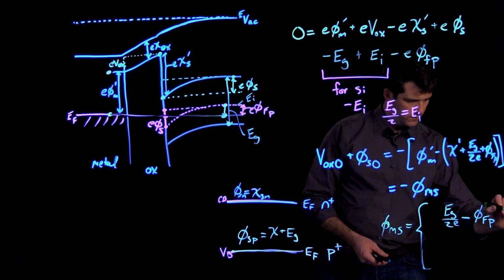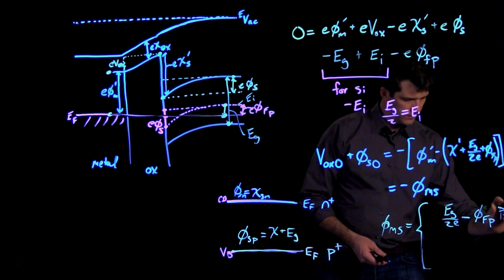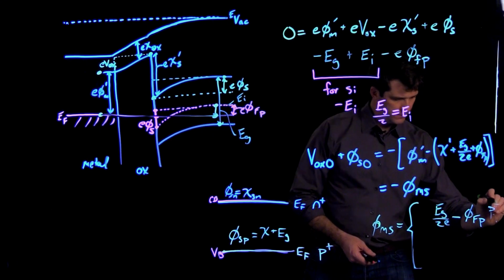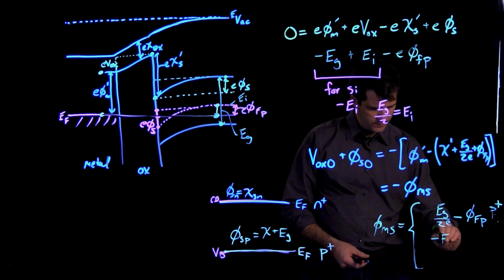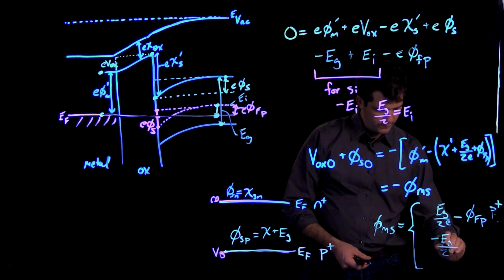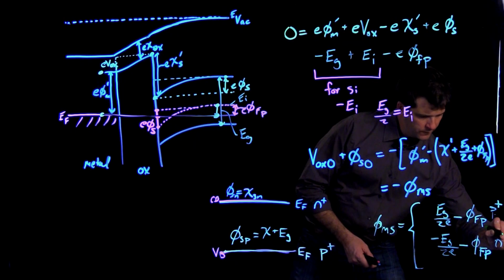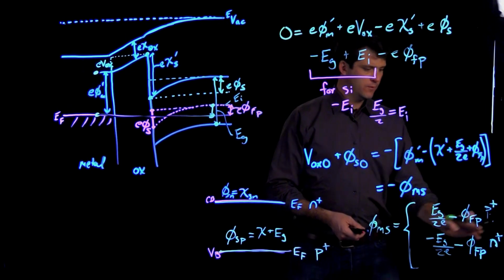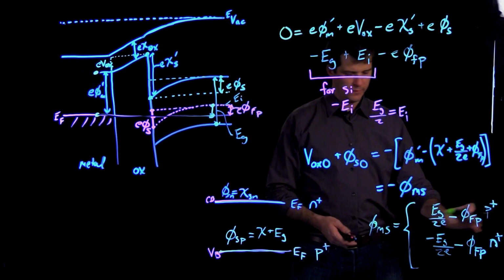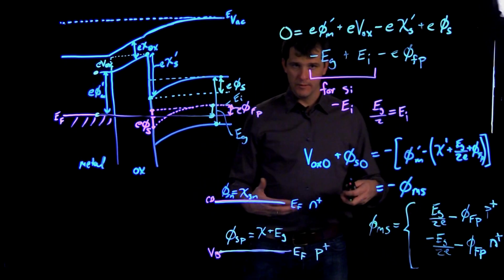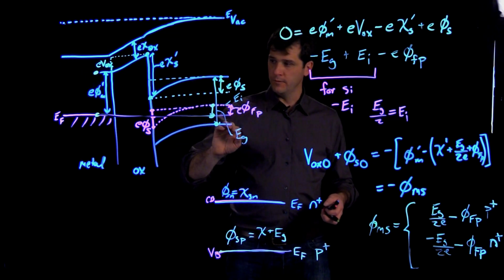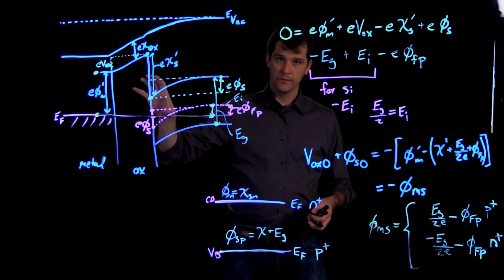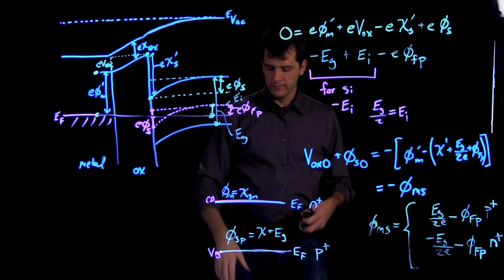This is for the P+ case. And then in the N+ case, we have negative E gap over 2E. Again, this is the two different heavily doped gate metals that you can deposit onto a p-type material. And of course, the equation changes a little bit if you have an N-type substrate and you put either the P+ or N+ gate metal, polysilicon gate metal down.